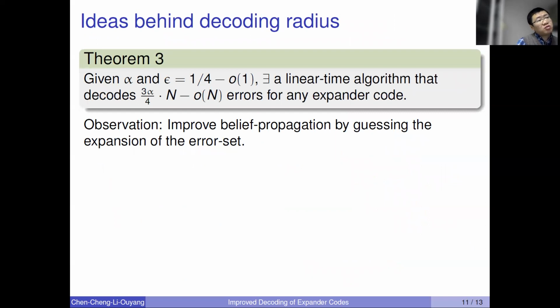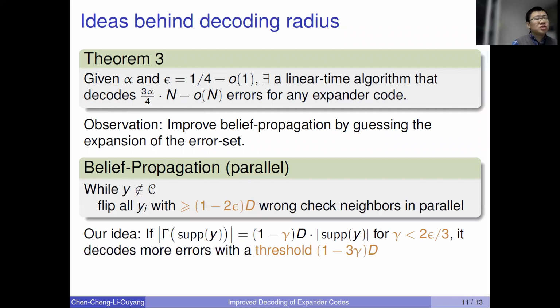So finally, let me tell you some of our ideas behind the new decoding algorithm. The key observation is that we can improve belief propagation by guessing the expansion of the error. So let me review the parallel algorithm of belief propagation.